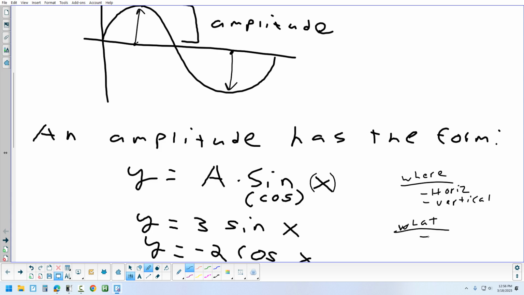That tells you if it's a stretch or if it's a shift. So you got to look for where you're doing and then look at what you're doing. Okay, so where, it's on the outside. What is it? Multiplication. That means it's a vertical stretch. So multiplication if it's a stretch? Yep.